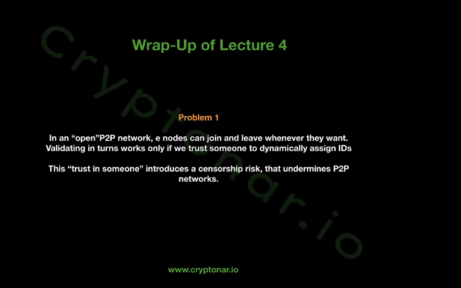So who is gonna assign the ID to the different nodes when they enter and when they go out? There could be somebody who assigns these IDs, but this would introduce a central party that we need to trust, just to assign IDs, but still enough to put the system in danger. So this is one problem that we have now.